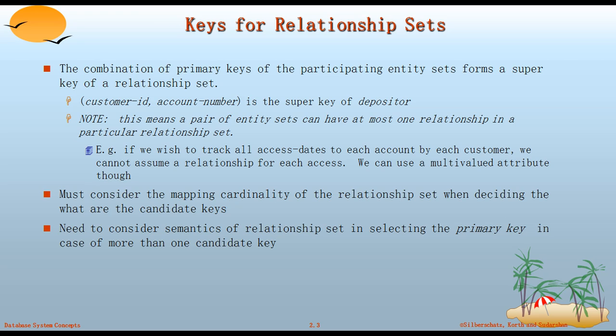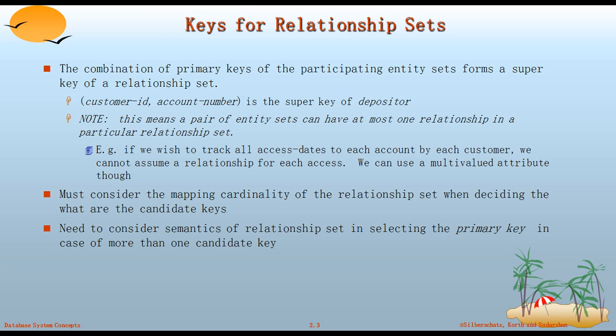For example, customer ID and account number is a super key of depositor. This means a pair of entities can have at most one relationship in a particular relationship set. For example, if we want to track all the access dates to each account by each customer, we cannot assume a relationship for each access.